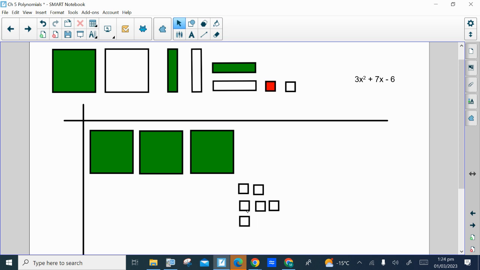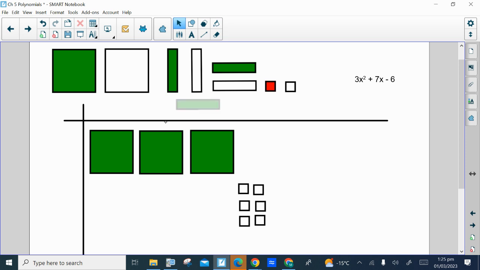I might have to change the way they are arranged so that they're 2 wide and 3 high. Now I've got 3, 6, 9 tiles that go down below, and 2 tiles that go above. And 9 take away 2 is 7.